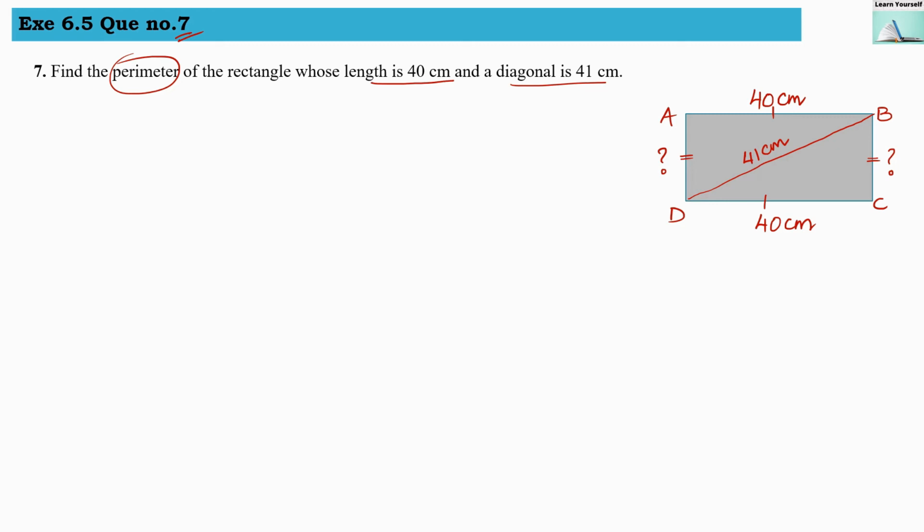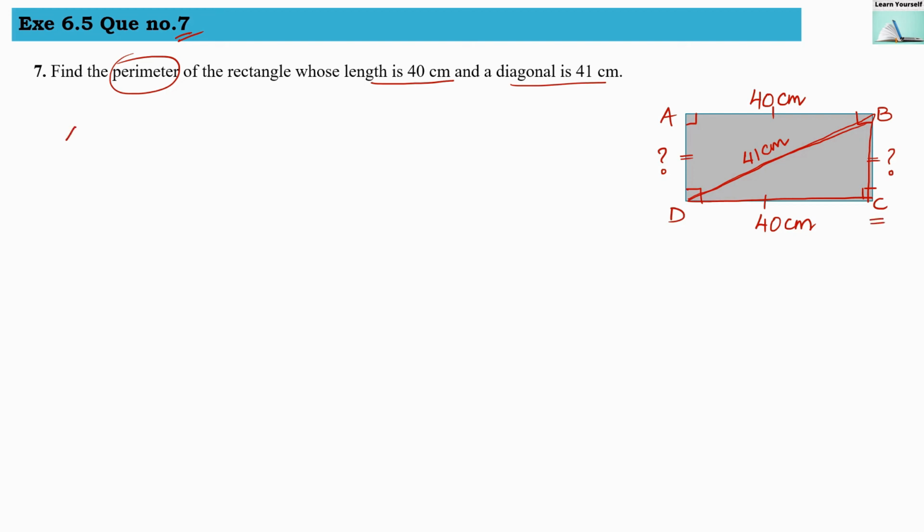If you carefully see, we can locate a right angle triangle here, as all the angles of a rectangle are right angles. So if we assume the triangle DBC, the C is going to be our right angle.